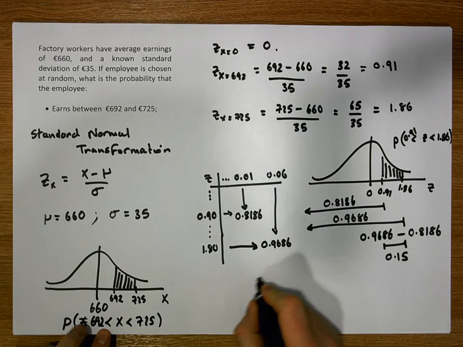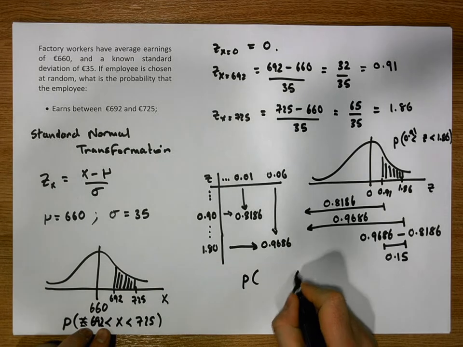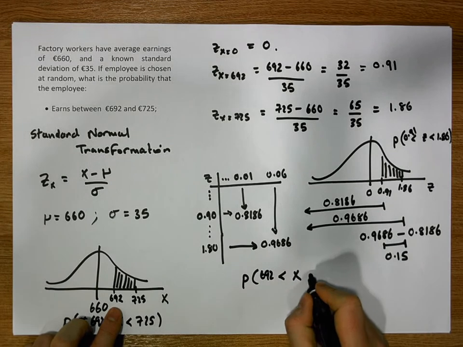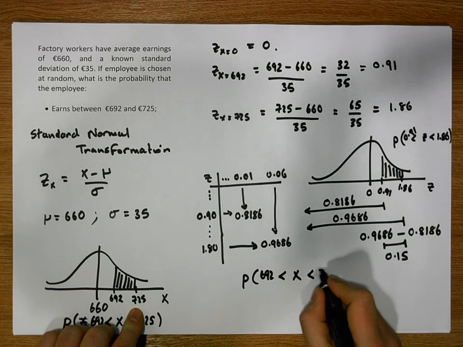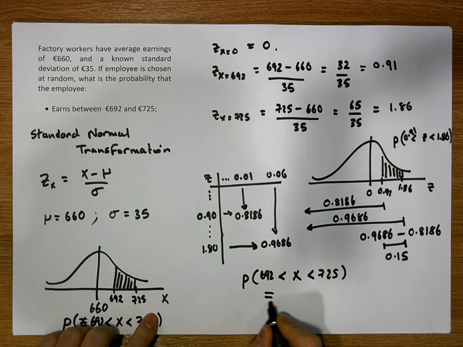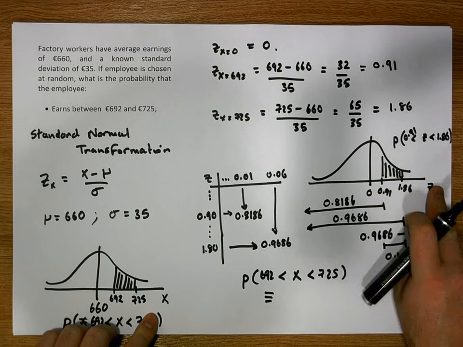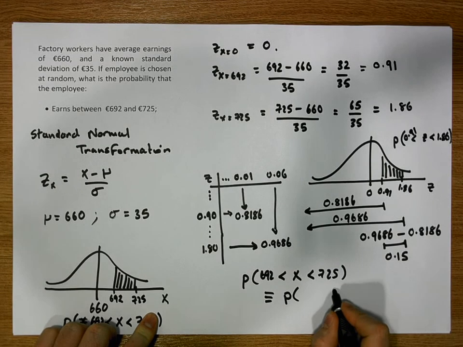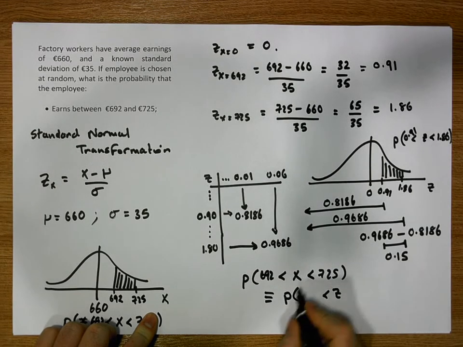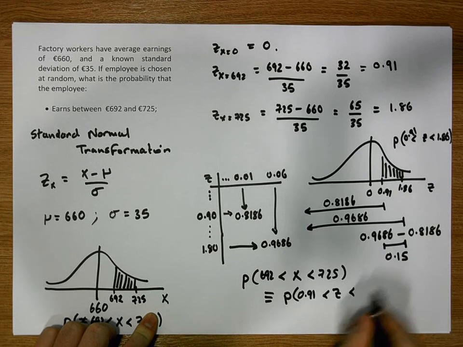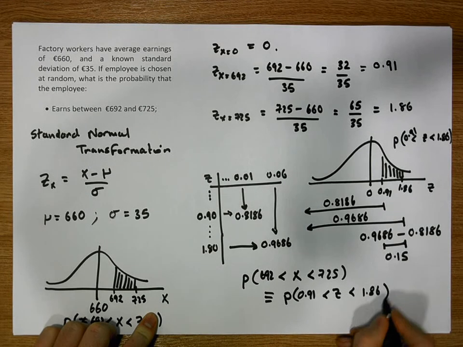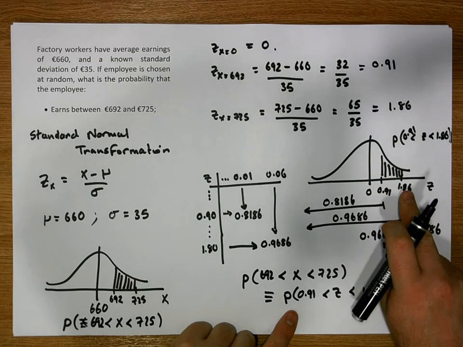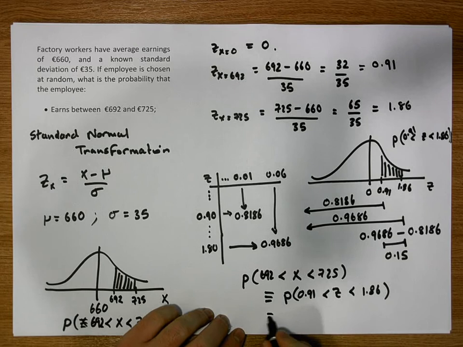In other words, the probability of randomly selecting a factory worker who earns more than 692 euros and less than 725 euros is equivalent to the probability of observing a z-score between 0.91 and 1.86, and that is equal to 0.15.